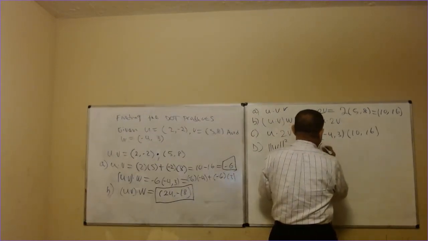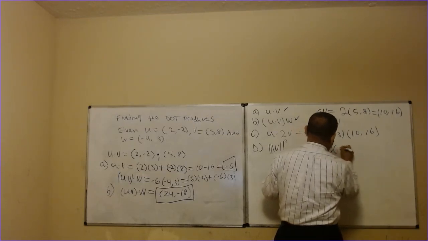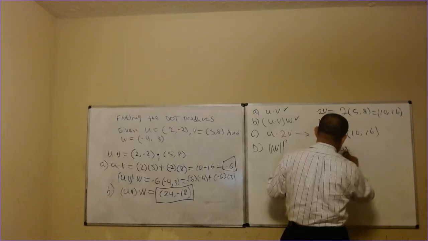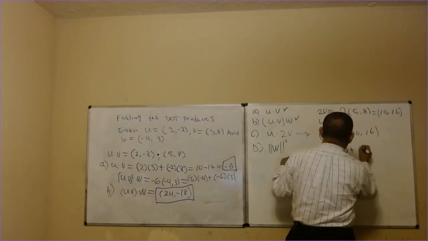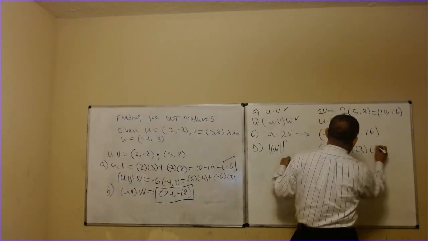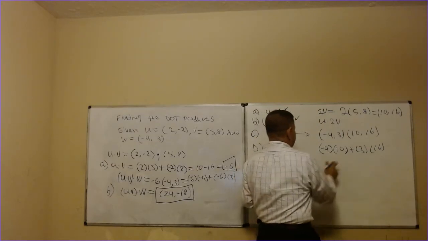So technically it's this, right? 4 times 10, right? Plus 3 times 16. So when I do that, I get what?